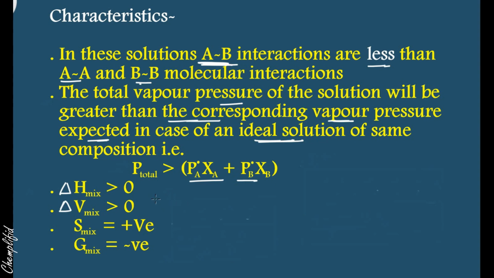What is the meaning of delta H mixing greater than 0? It means that the process of mixing the two components A and B in this case is endothermic. What is the meaning of endothermic? Energy is absorbed.